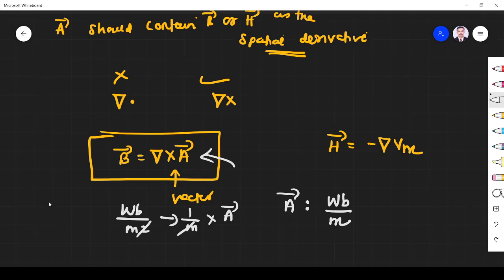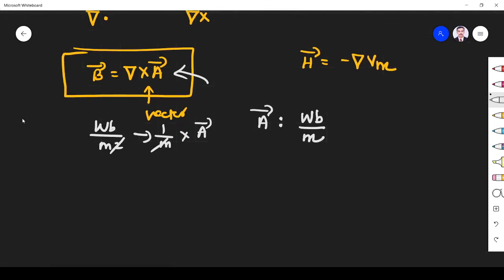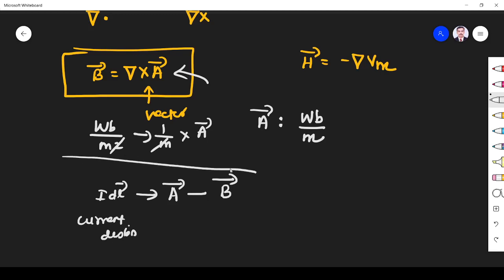Very important. Next thing we have to remember is, if you know the vector magnetic potential A, from that we can find B. That's what this equation tells you. This A can be obtained if we know the current distribution, how IDL is distributed. So from current distribution, we can find vector magnetic potential, and from vector magnetic potential, we can find magnetic field.